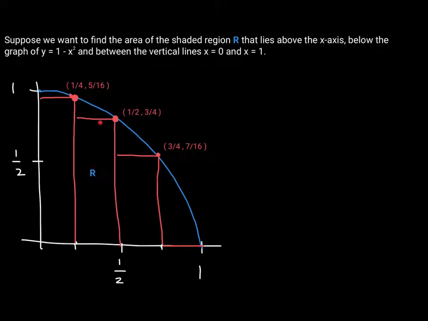This rectangle, if we take the right endpoint, which is 1/2, and evaluate our function at 1/2, gives us 3/4, the height of this rectangle. The height of this rectangle is 7/16, found by evaluating our function at the right endpoint, which is 3/4. For this rectangle, the right endpoint is 1, and if you evaluate our function at 1, you get 0. And so the height of this rectangle is 0.